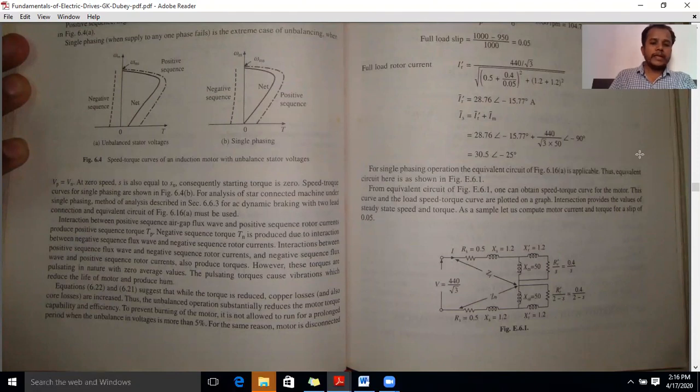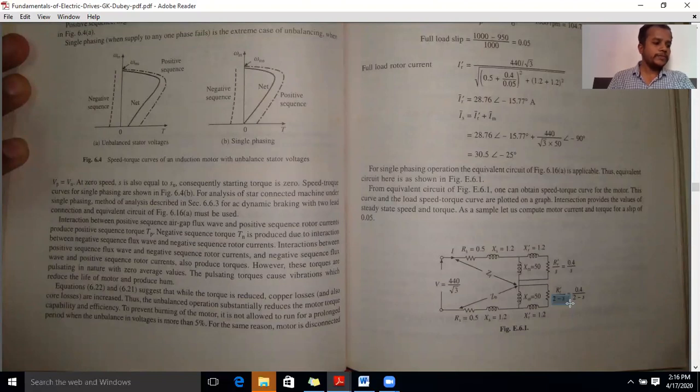So as in the unbalanced case, the positive slip is Sp, which is equal to S for the positive sequence, and 2 minus S is for the reverse field, that is for the negative sequence component.